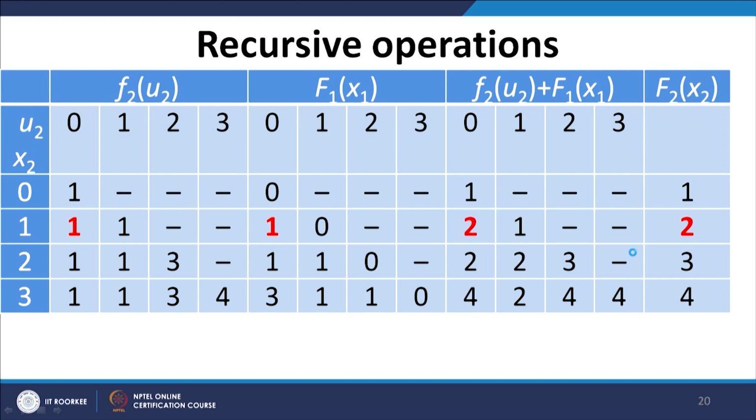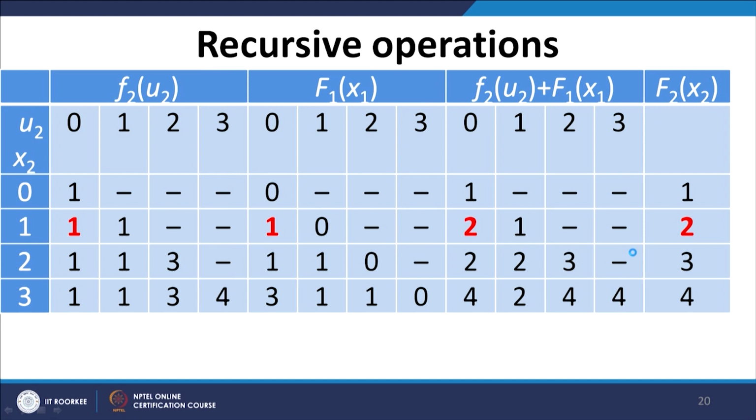In the first column we have the x2 values, that is 0, 1, 2, 3, and in the top rows we have f2(u2). So, f2(u2) will depend upon the value of u2, that is u2 is 0, 1, 2, 3, and at the second part of the table we have capital F1(x1), and finally in the third part we have f2(u2) plus F1(x1), and the last column is the F2(x2). So, from this table we have to obtain the values of F2(x2).